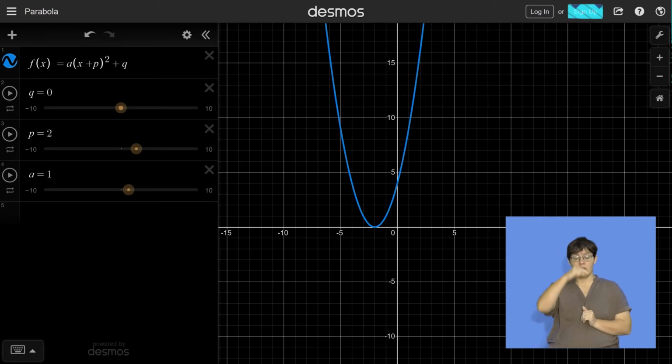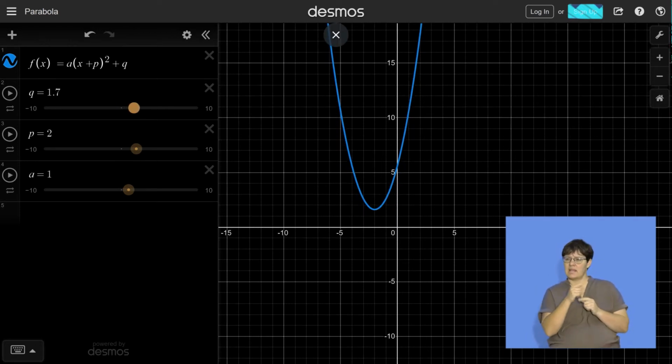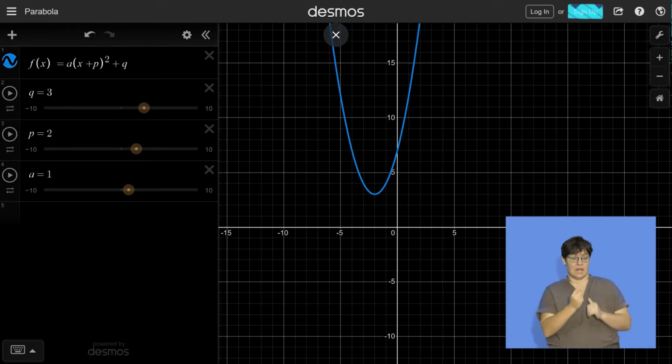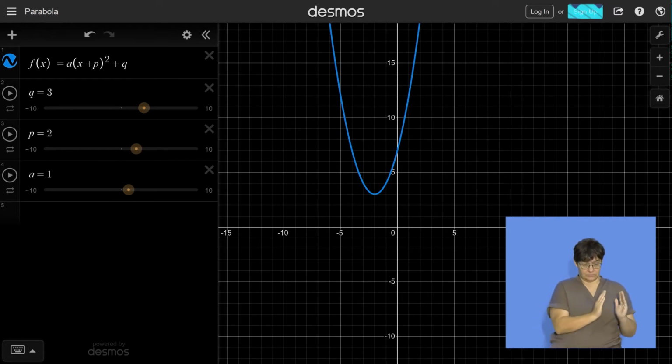With the q value, I can also play with it and make it 3, a whole number. It means it was shifted 3 units up. So in simple terms, the value of a is 1, the value of p is 2, and the value of q is 3, right? And that's what the function will look like.